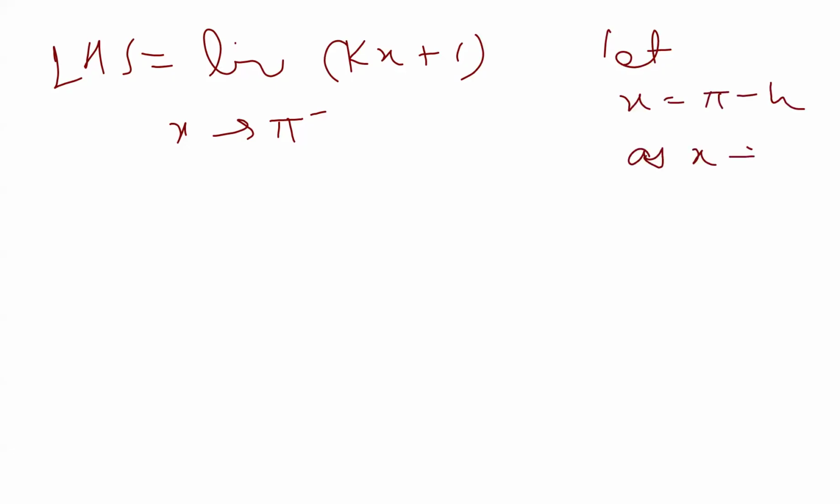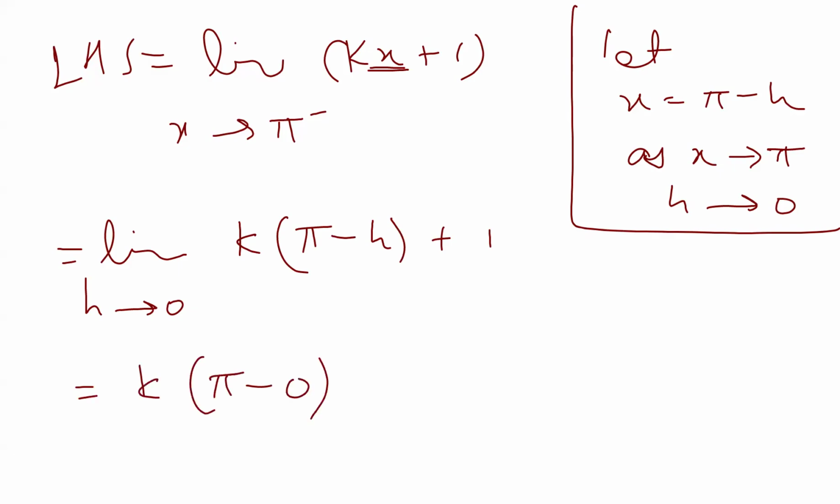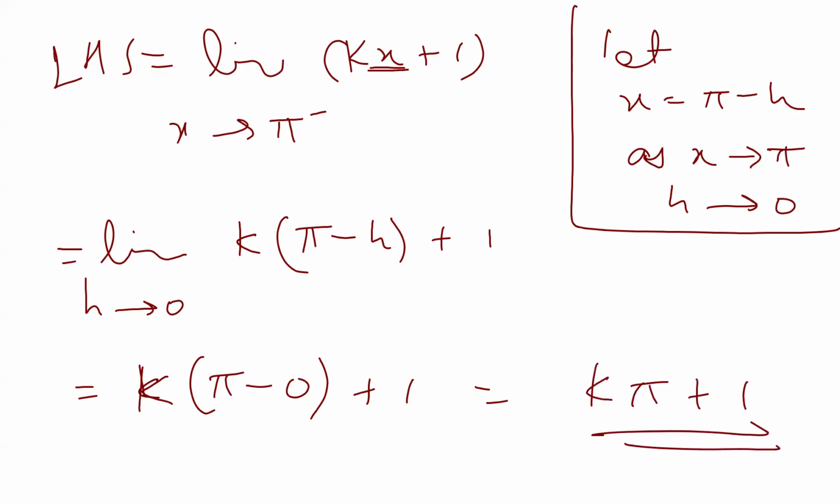As x approaches pi, h will approach 0. So limit h approaching 0, k into pi minus h plus 1. Replace x with pi minus h. K into pi minus 0 plus 1. K pi plus 1. Okay. So LHL part we have solved.